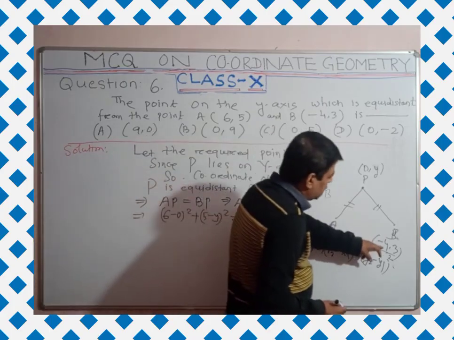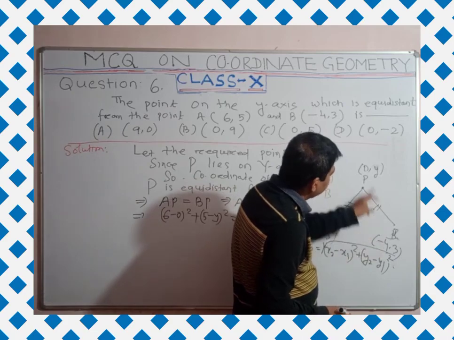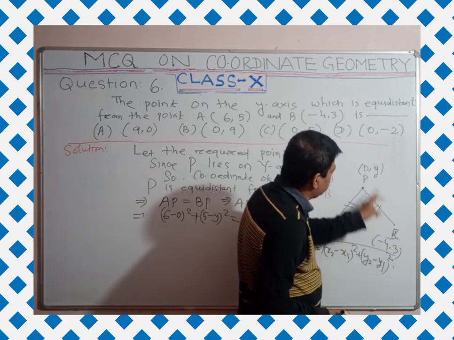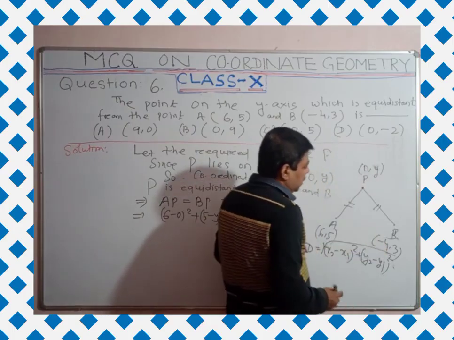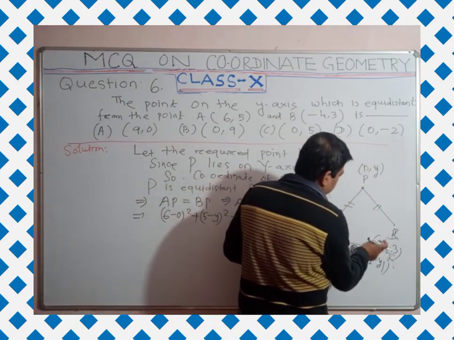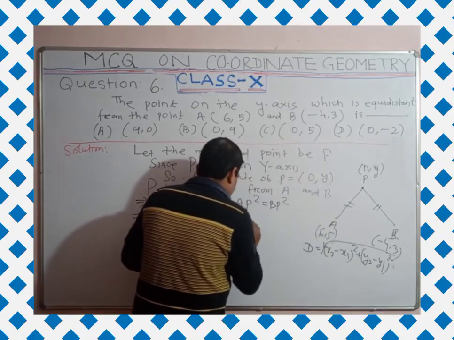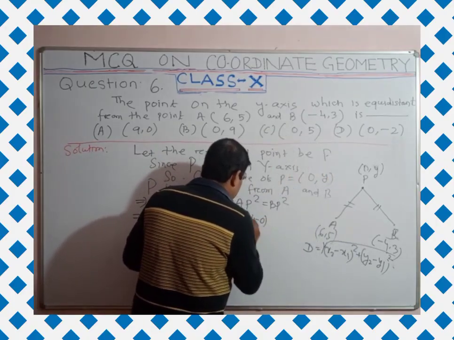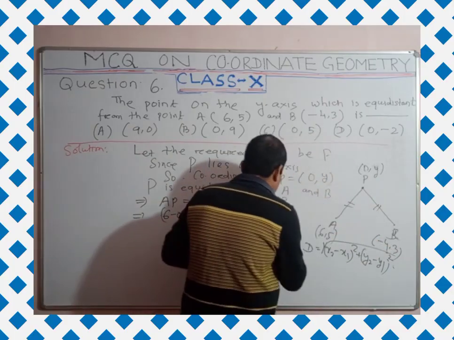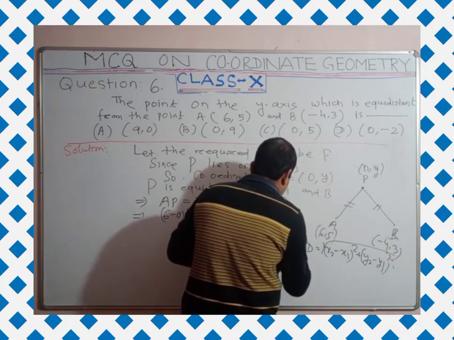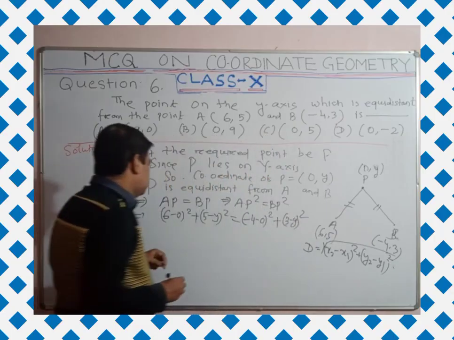Similarly, for B, the difference between the x coordinates is minus 4 minus 0, whole square, plus (3 minus y) whole square. Yes or no? Understand?